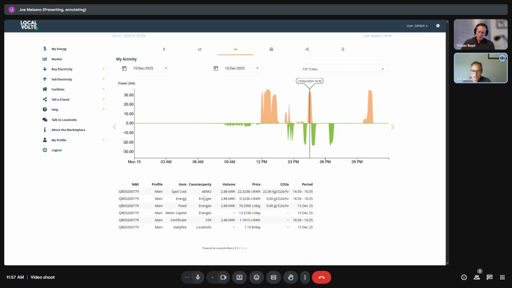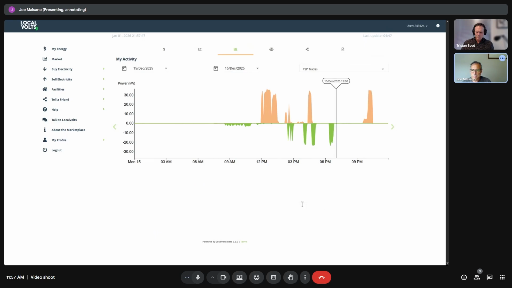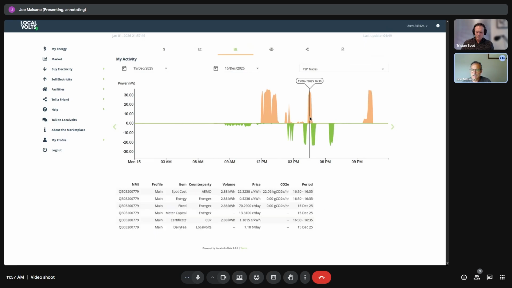We can also see that we're getting charged from Energex as a Queensland customer, and the charge is 0.5 cent per kilowatt hour to pull that energy in off the grid for that same period. We have a fixed fee from Energex, which is 70 cents per day. This is very much linked to what tariff the customer is on.